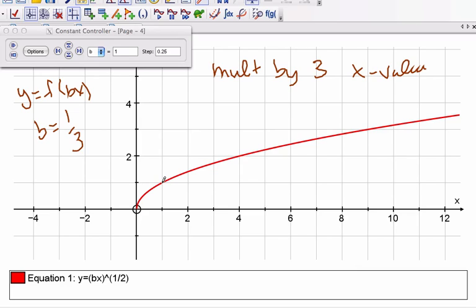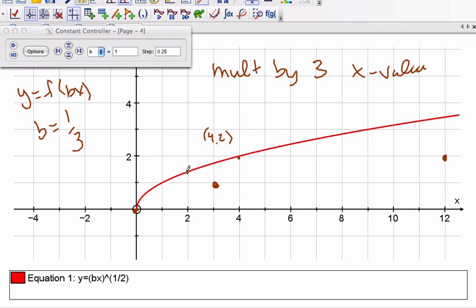So this point here will become 3, 1. This point here, which was originally 4, 2, the x value multiplied by 3, will be 12, 2 out here. Well, 0, 0, multiply 0 by 3, and I stay 0, 0.